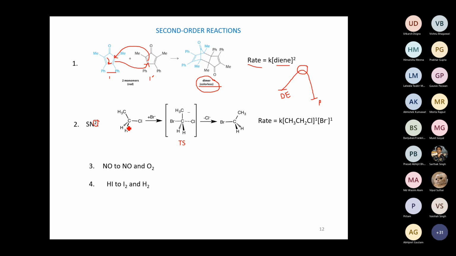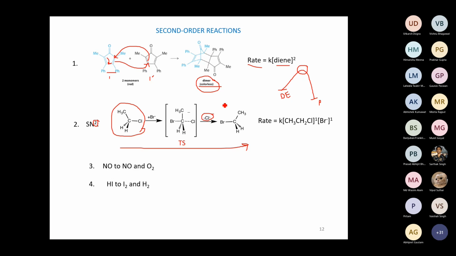The reaction is basically ethyl chloride, CH3CH2Cl, reacting with bromide. The C-Cl bond is getting cleaved and the C-Br bond is forming to give ethyl bromide. So this reaction is ethyl chloride plus Br minus giving ethyl bromide plus Cl minus.